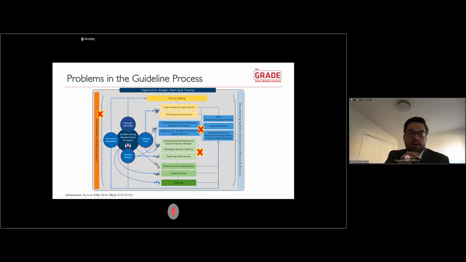It may have been reported and disclosed, but it still made it into the process and influenced recommendations. The process may be prone to influence by individuals with strong opinions, if the panel chairs, for example, are not able to appropriately manage the discussion and allow equal input from all panel members.